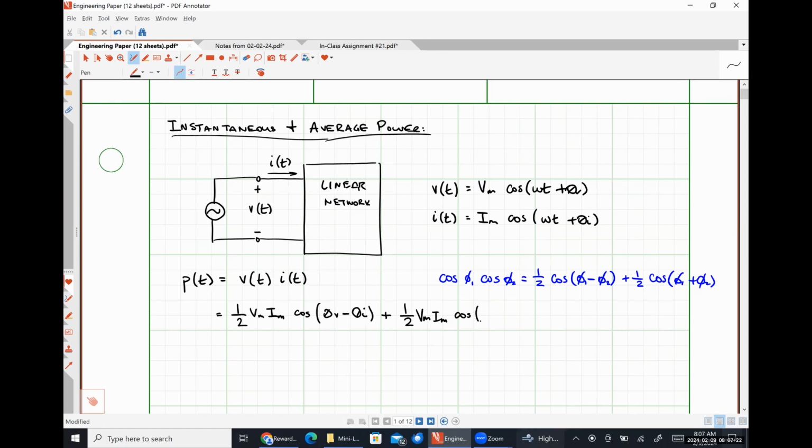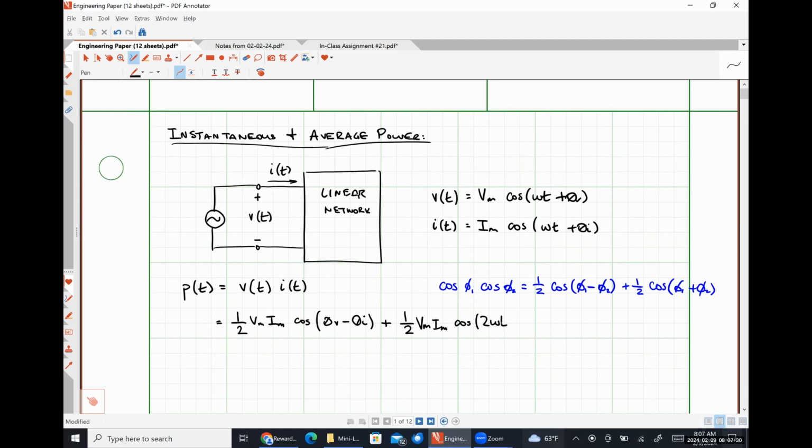Now we're going to add those together. So omega t plus omega t is going to look like twice omega t plus theta v plus theta I. This long thing here is our generic relationship for instantaneous power.